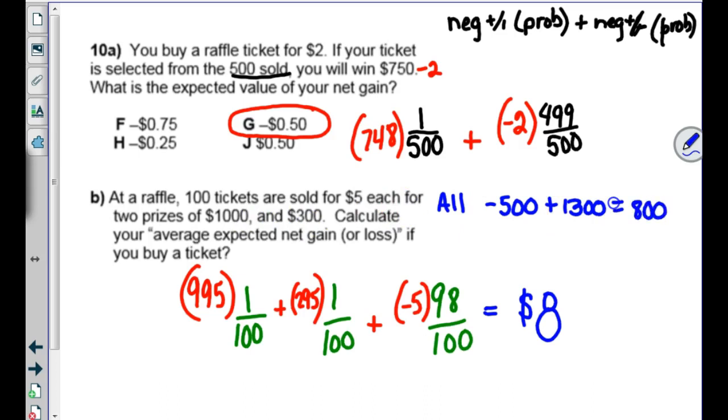So I'd be $800 to the good, divided by 100 tickets is $8 per ticket to the good. Yeah, I would definitely buy all the tickets if they told me they were only selling that many tickets, okay? You come out $800 ahead. That's why it's positive, because it's a dumb raffle.